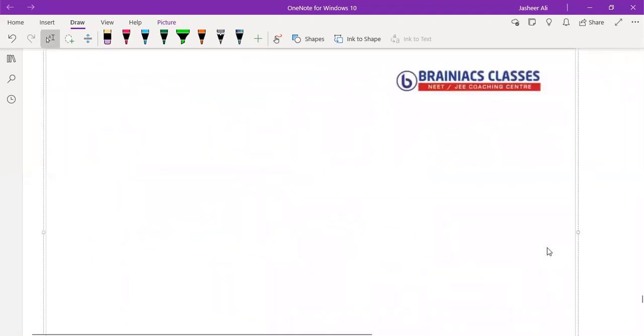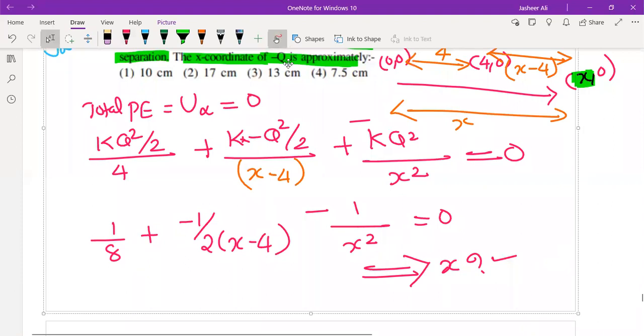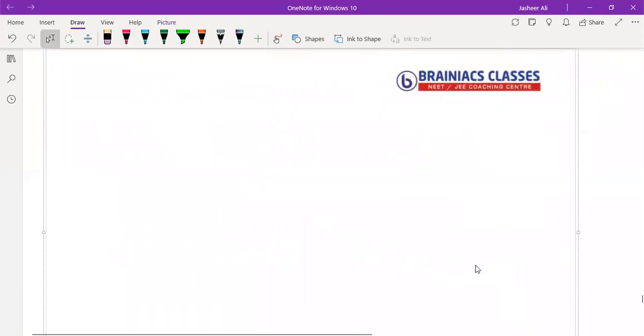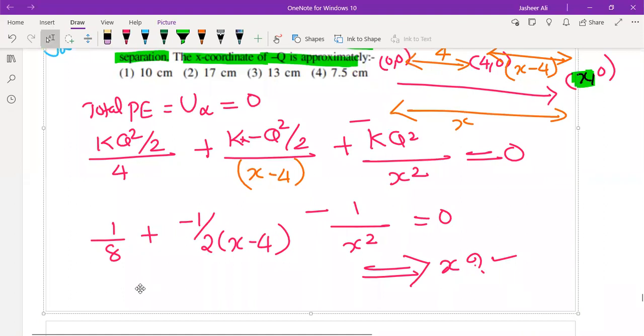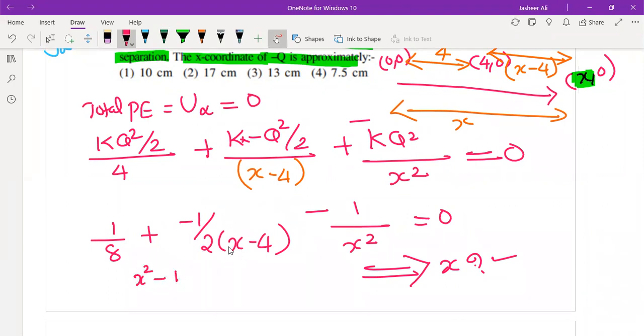Take the LCM and simplify. What will you get after simplifying? You will get a quadratic equation. Tell me, last you will get a quadratic equation: x square minus 8x minus 8x, 16x plus 32 equal to 0.